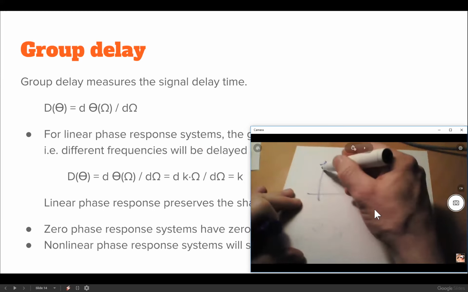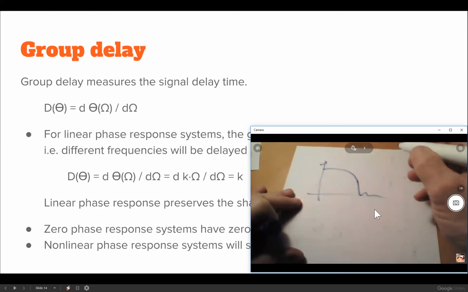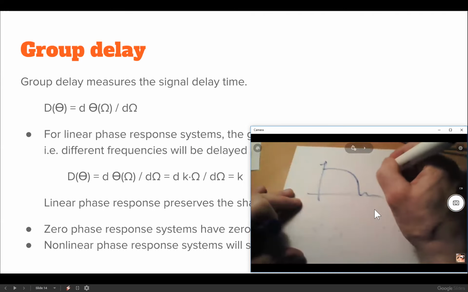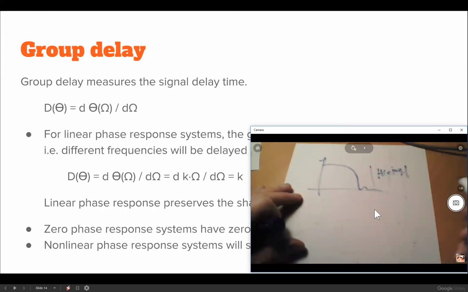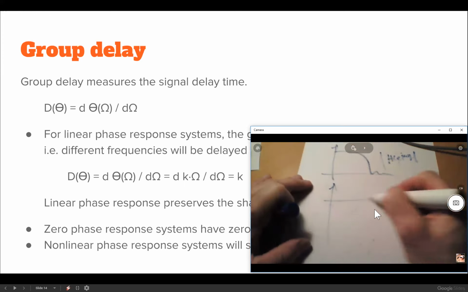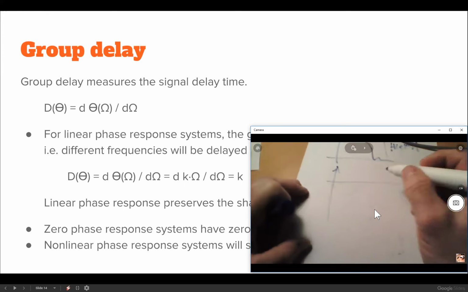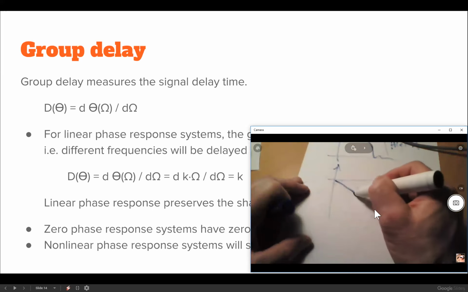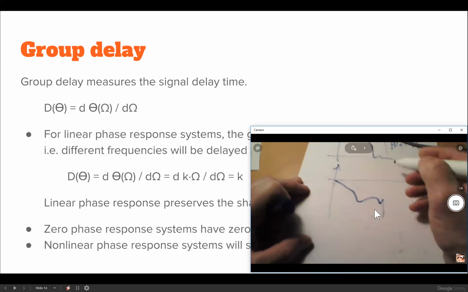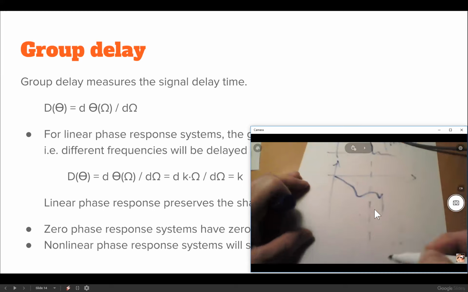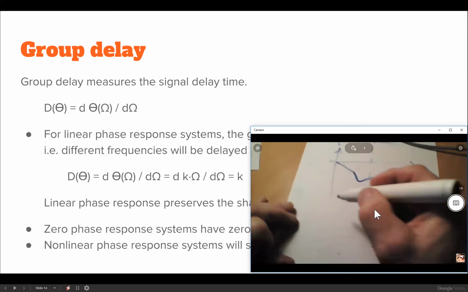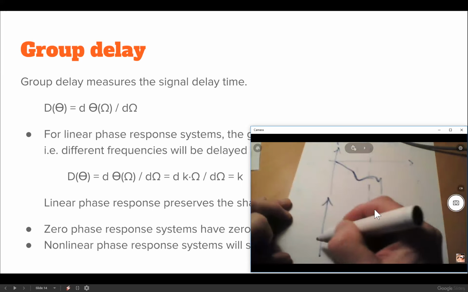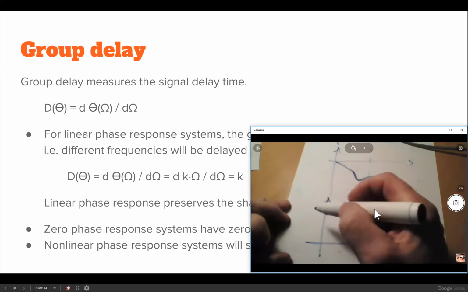So if we have a frequency response H of e to the j omega, then we have the phase response, usually negative phase, because that's a passband. Negative phase because of its delay, and then the group delay.